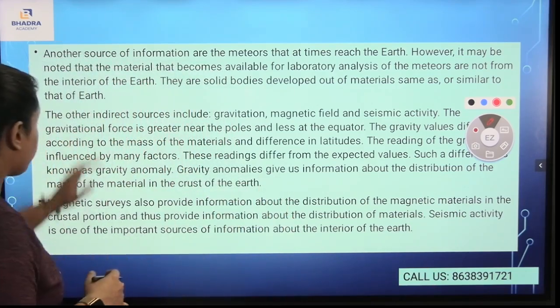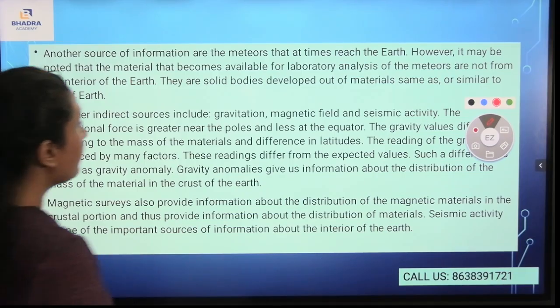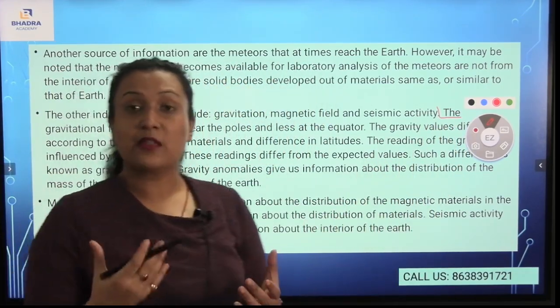Now here you see the gravitational force is greater near the poles and less at the equator. The gravity values differ according to the mass of the material and the difference in latitude. First, we will understand gravity. You see, the North Pole and the South Pole are there.